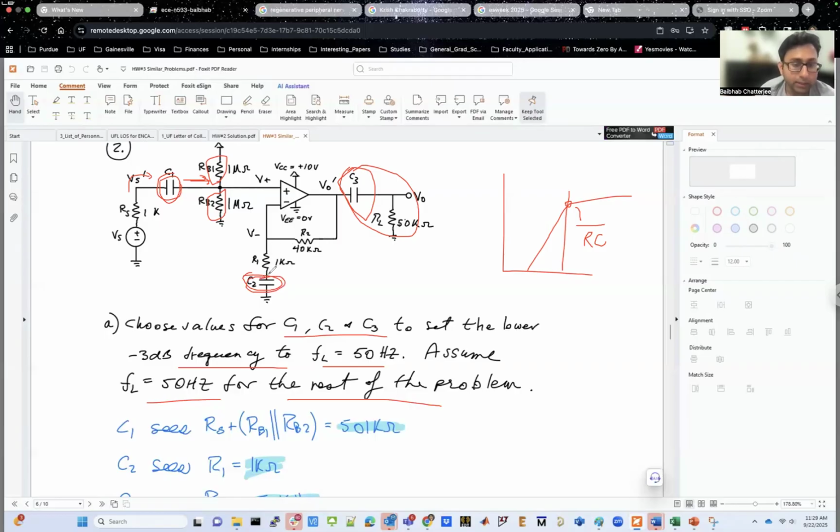And if the capacitor C2 is open, then the bottom terminal of R1 is kind of hanging. Unless the bottom terminal of R1 is connected to ground, you do not have the circuit for your non-inverting amplifier. Remember, how does the circuit of the non-inverting amplifier look? You have an input connected to the non-inverting terminal of the op-amp, there is a resistance R2 connected from the output of the op-amp back to the inverting terminal, and there is a resistance connected from this point to the ground.